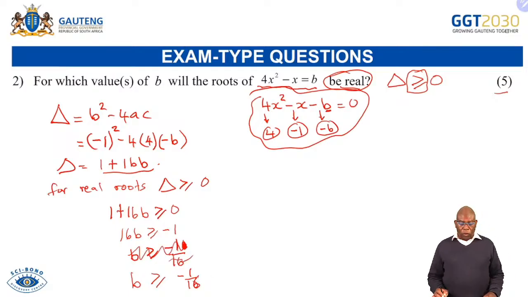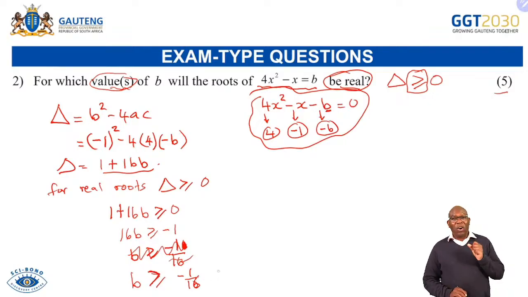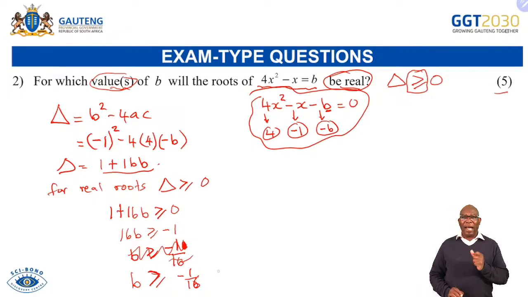All right. So how many values do you have? Can you see how they trick you there? Now these are values of b, not one value. Why am I saying these are values? It is because it is not one value. It's all the numbers that are greater than or equal to minus 1 over 16.